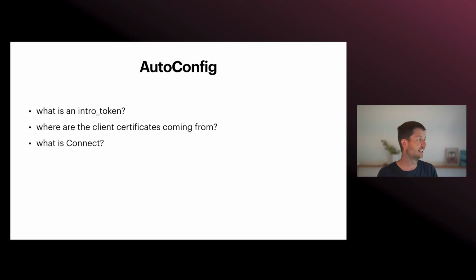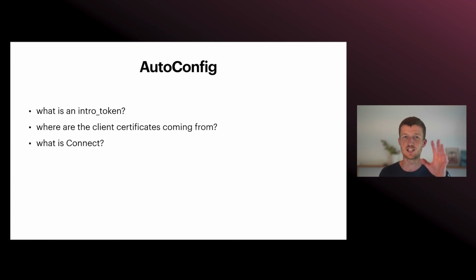Also, because of the nature of the intro token, and this is just one of the ways to set up autoconfig, it's the easiest way, and in my mind the thing you could do in your infrastructure as well. In my example, the intro token is a JWT token, a base 64 encoded signed JSON blob, and it contains almost whatever you want.